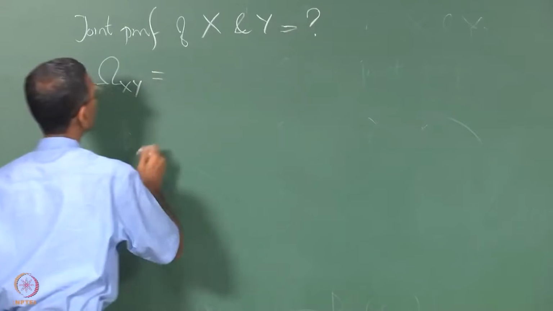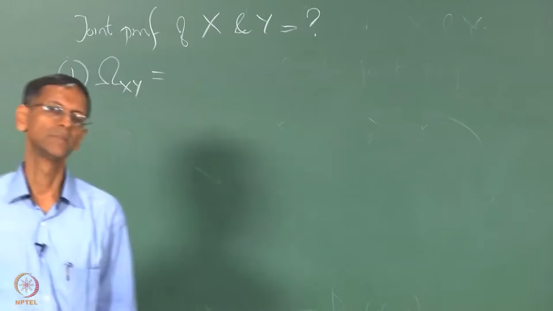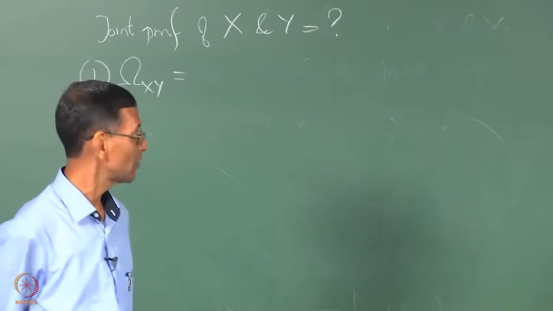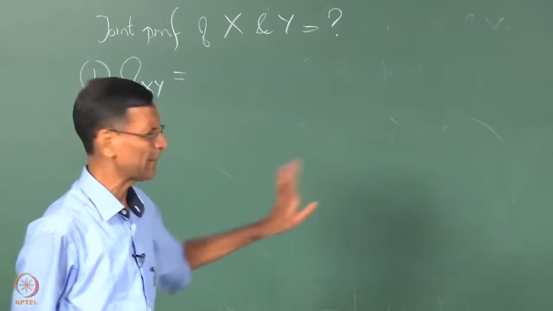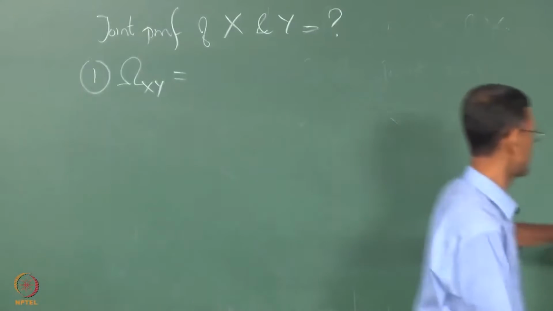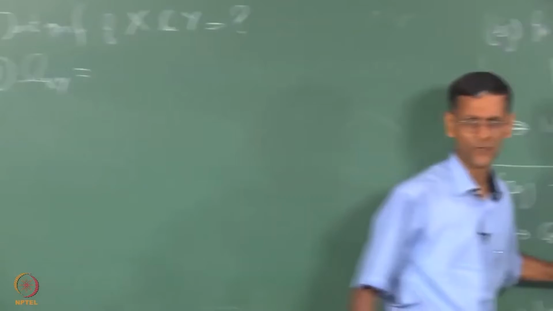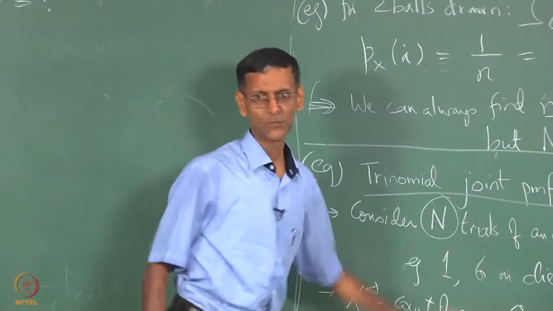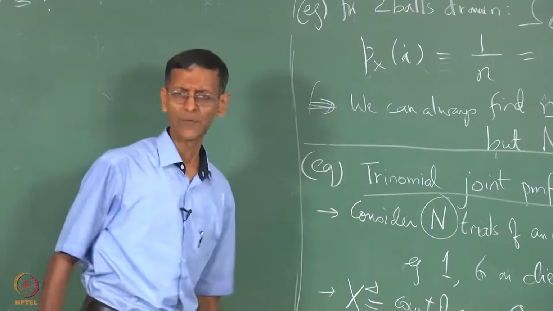Identify this. Okay, x and y can individually take values from 0 to capital N. I have put capital N. I am going to stick with this; earlier we may have used small n, but for now I am going to use capital N only.